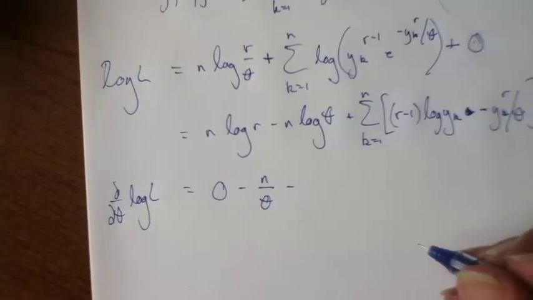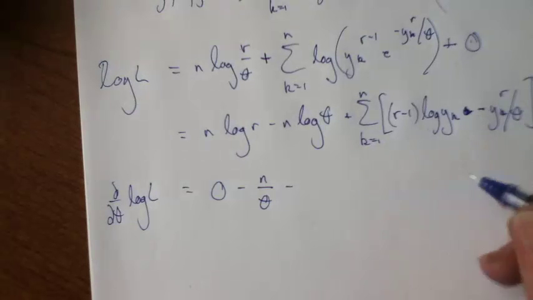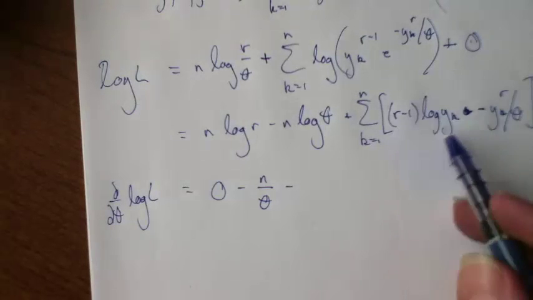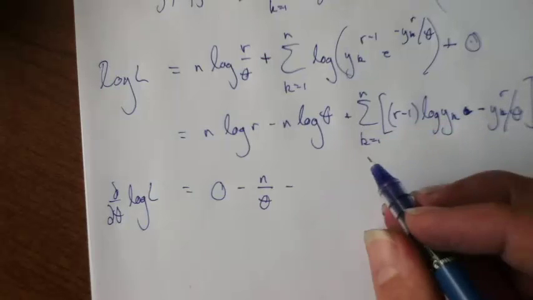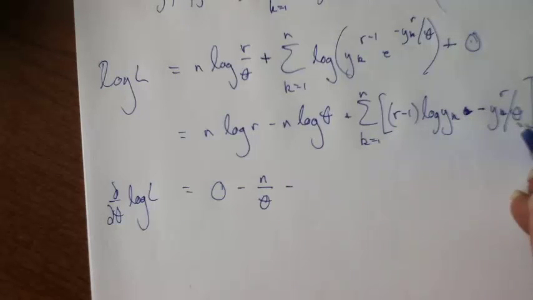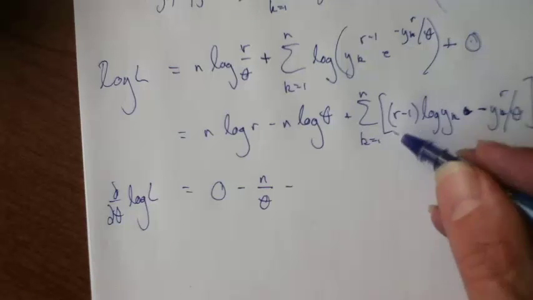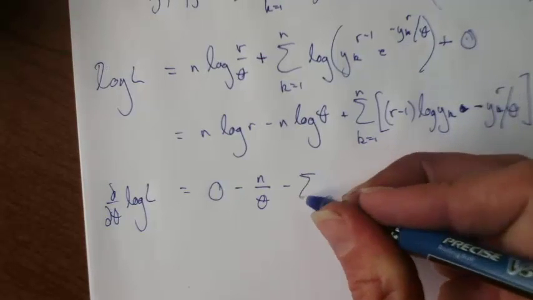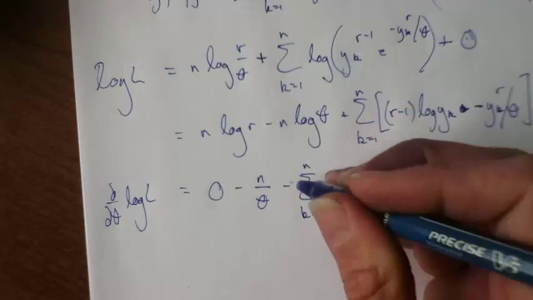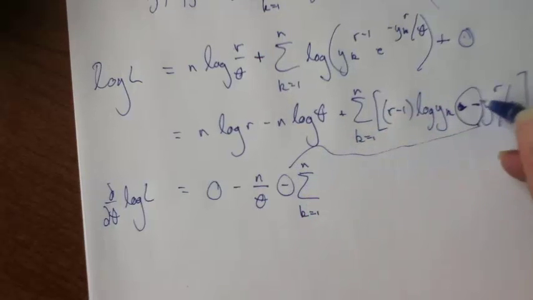Minus, the derivative with respect to all of this stuff is going to go away. The minus sign comes from here. There are no thetas in these terms, right? So I'll have minus the sum, k goes from 1 to n. This minus sign is coming from here, right?